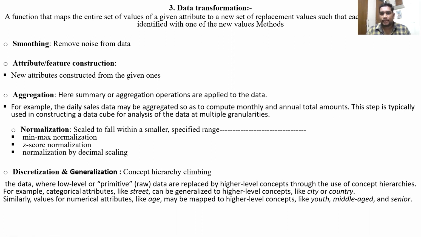The first one is cleaning data. We have to understand a simple concept: if you have data from various repositories, the data in those repositories may be noisy and incomplete.